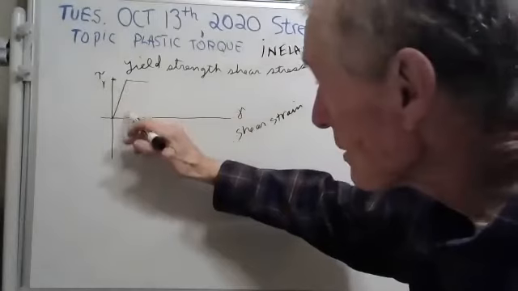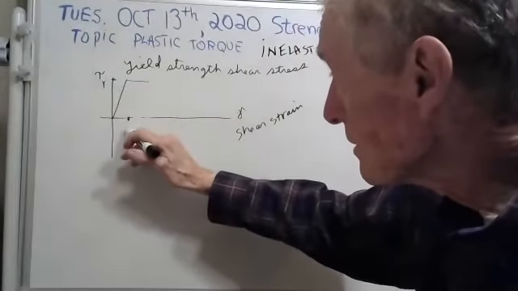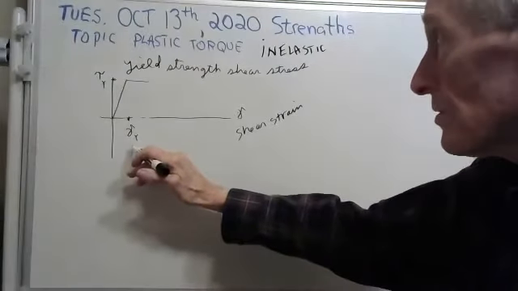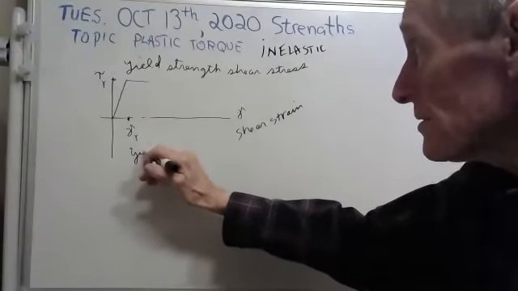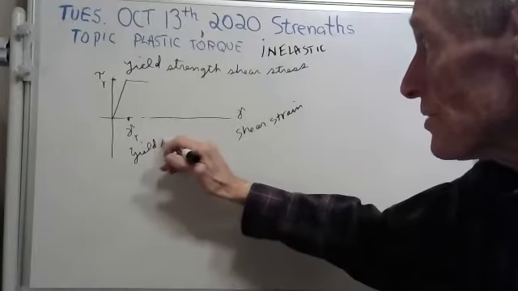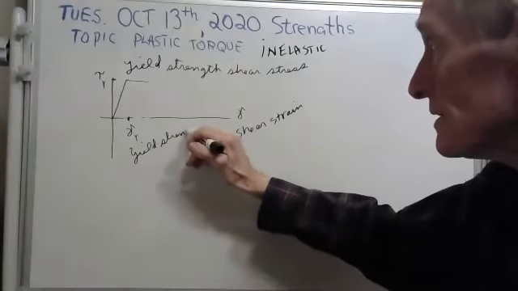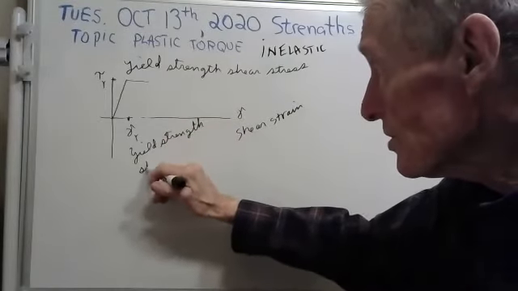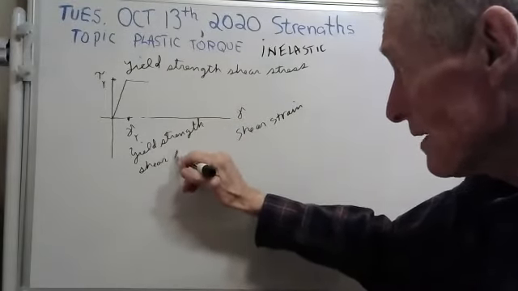There's a place right here called gamma with a little y under it. That's called the yield strength shear strain.